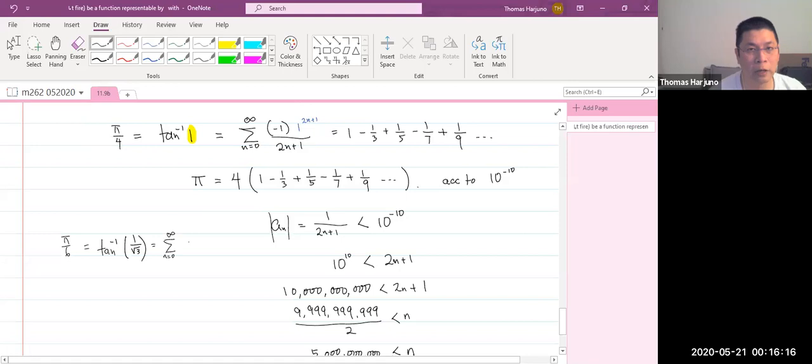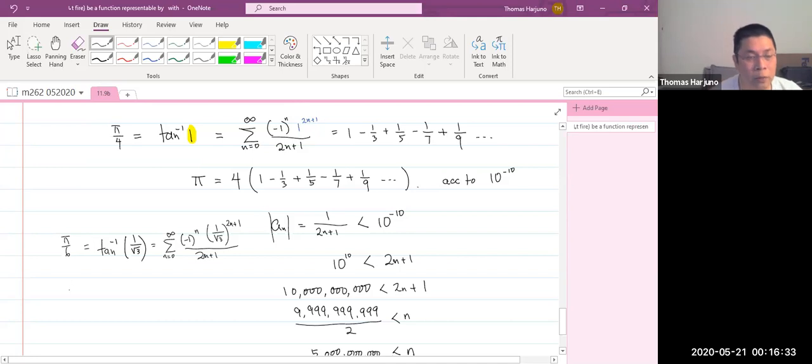That will be negative 1 to the n, and then it will be 1 over radical 3 to the 2n plus 1, over 2n plus 1.